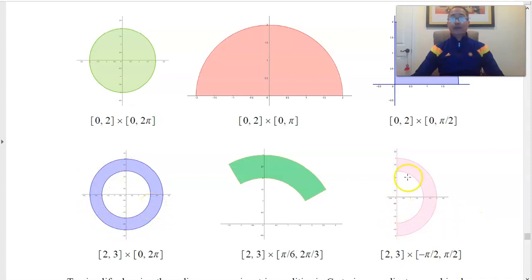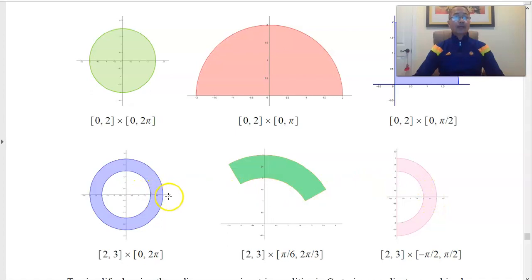And we saw this one, the right half of the annulus, and we have theta going from negative pi over 2 to positive pi over 2. Here's a more general annulus, and we're going to see something like this when we talk about partitioning our polar rectangle. And later on, I'm going to give you an example of a double integral where our domain is going to be the upper half of an annulus.